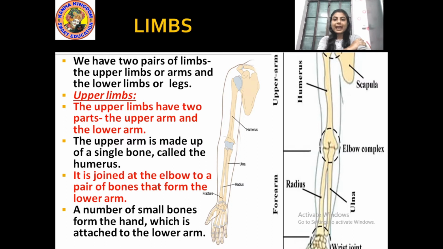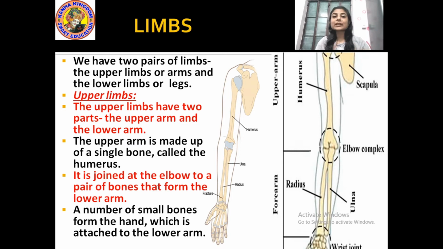If you feel your hand here, you can feel a bone in the upper arm. Yes or no? That bone is named the humerus. H-U-M-E-R-U-S. Humerus.